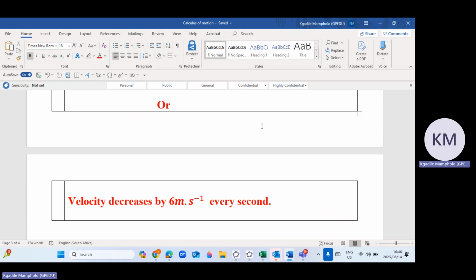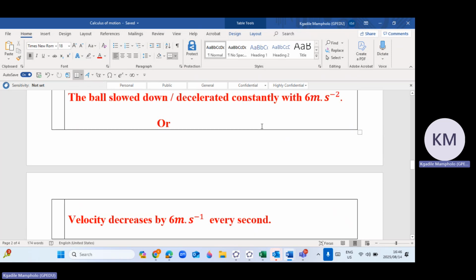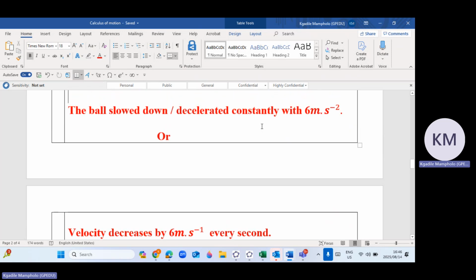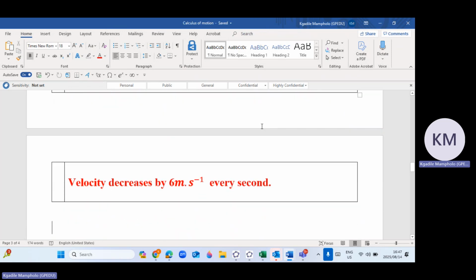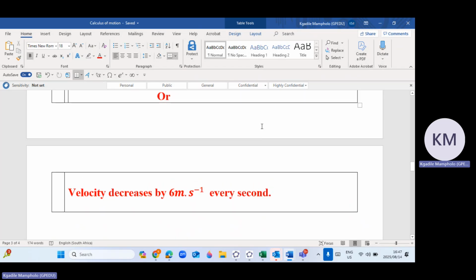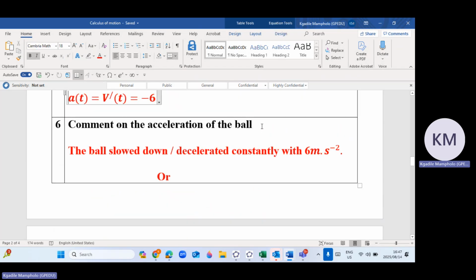So the constant acceleration. One may say, why do we say it's constant? It's constant because after we differentiate, there's no t here, meaning that the change in t will not change the acceleration, because there's no t here where we can substitute.